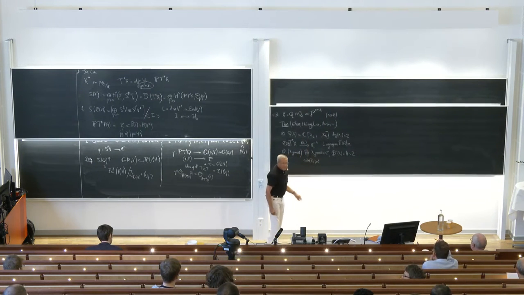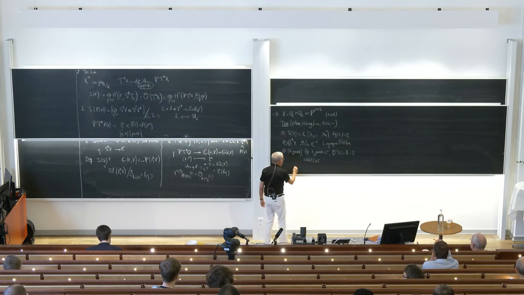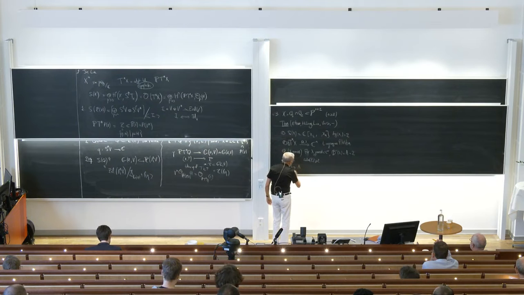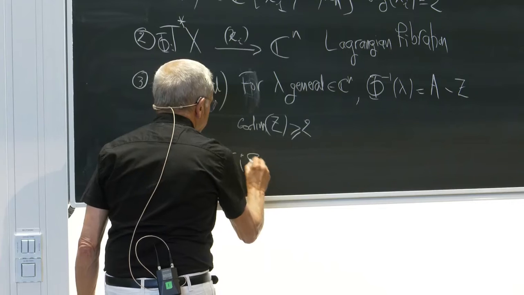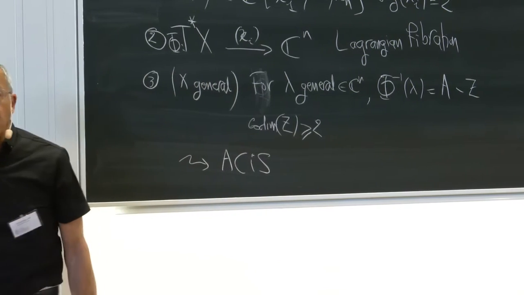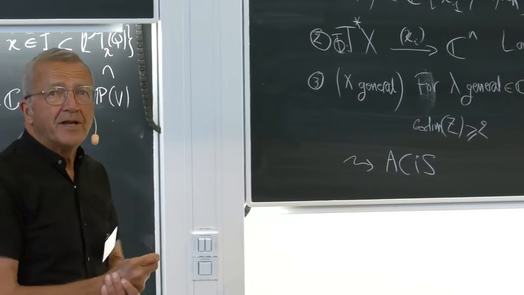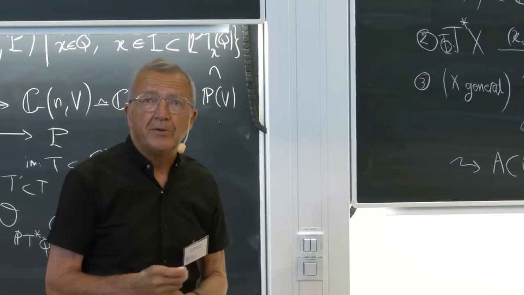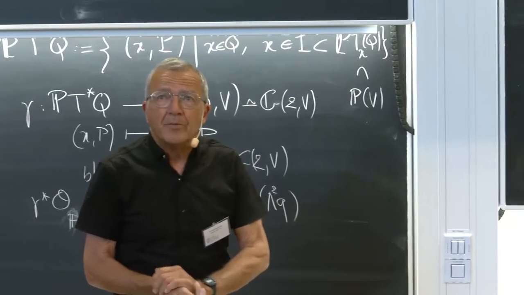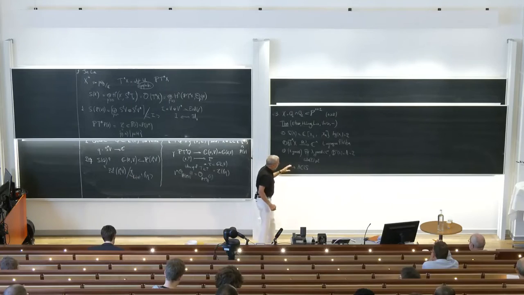So this is what is called an algebraically completely integrable system, something which was very popular around 1980 with people like Kähler and van Moerbeke. This appears in classical mechanics.